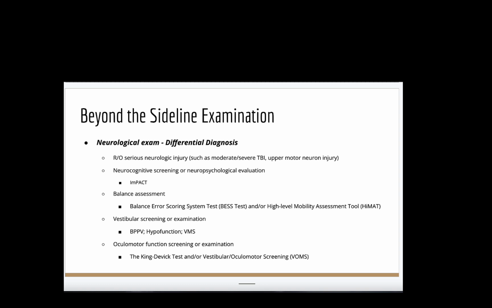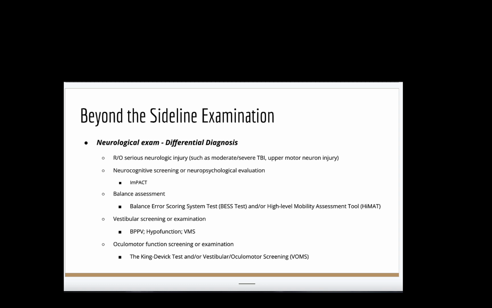But for those that are not a sport-related concussion, it's very uncommon that someone would have a pre-existing impact test for you to be able to look at. Typically, the only other people that would have that score are people that have had previous concussions and have used that from their previous injury.